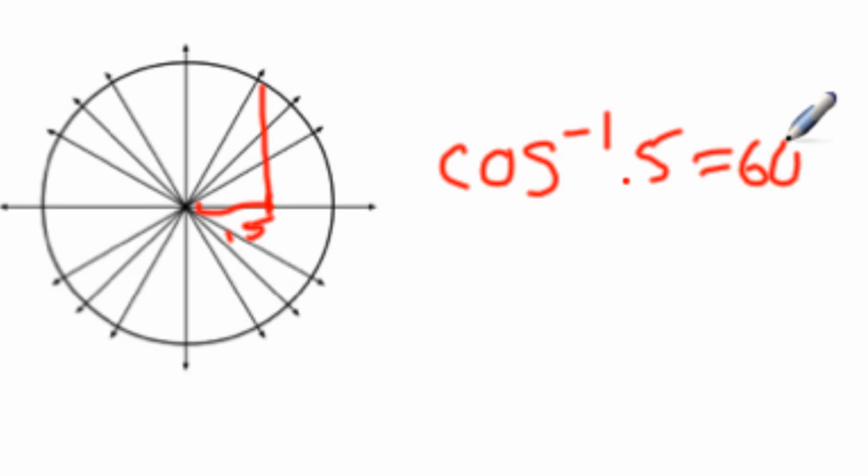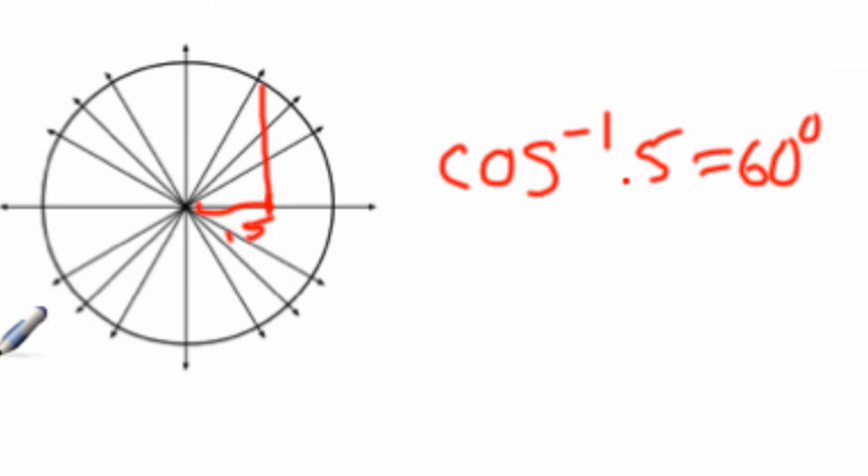Now you may wonder, do you have to worry about the arccosine function giving you two different answers? Well, let's take an example of 60 degrees. The cosine of 60 degrees is 0.5, a positive 0.5. So if we said the arccosine of 0.5, we should come up with an answer of 60 degrees.